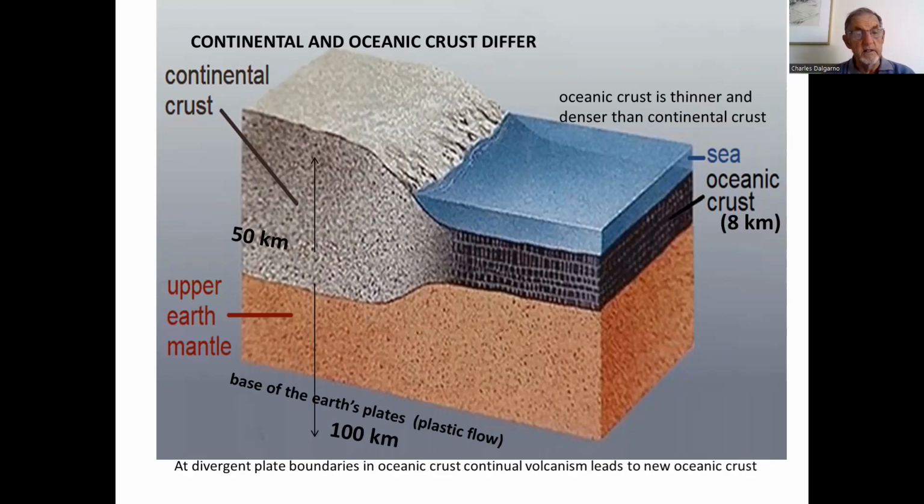The continent, on the other hand, is much more silica-rich, lighter rock in general, including a lot of sediment, often 50 kilometres thick, varying perhaps 30 to 60 kilometres. The plates overall are about 100 kilometres thick, so that the underlying mantle is sufficiently lithified to be a portion of the moving plate, and the convection current occurs lower than this.